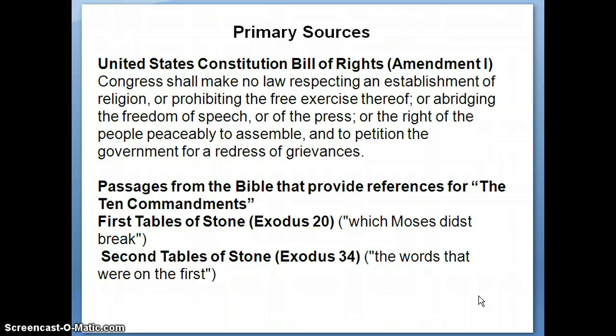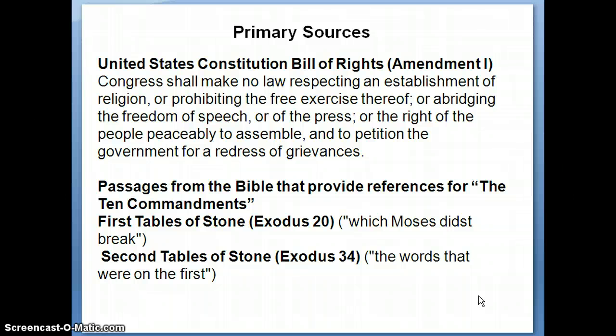Obviously the question is, what do we mean when it says Congress shall make no law respecting an establishment of religion or prohibiting the free exercise thereof? On the other primary source, we need to go to passages from the Bible, scriptures, that provide references for the Ten Commandments.